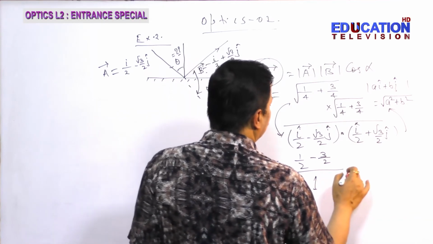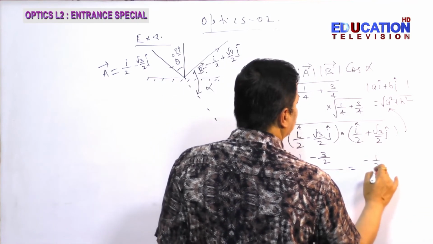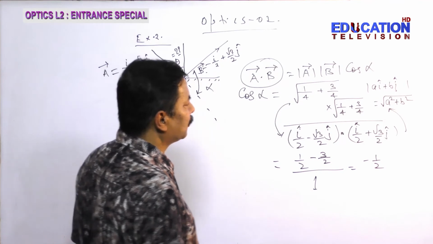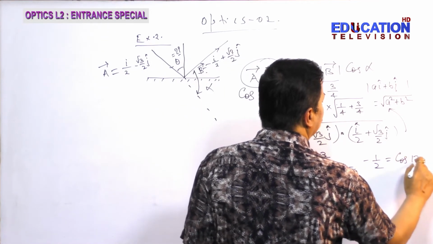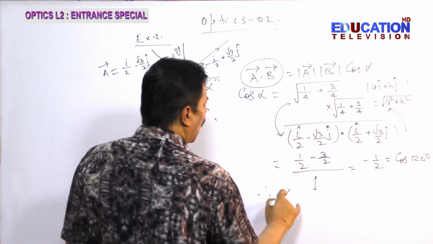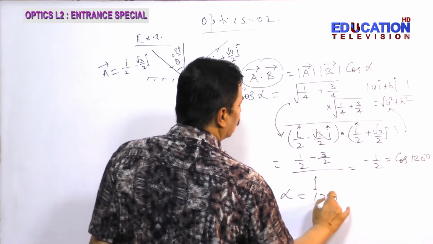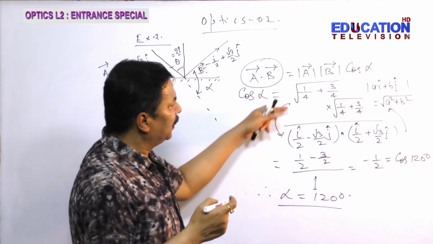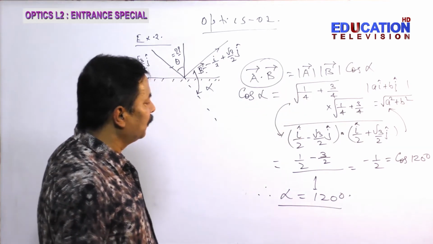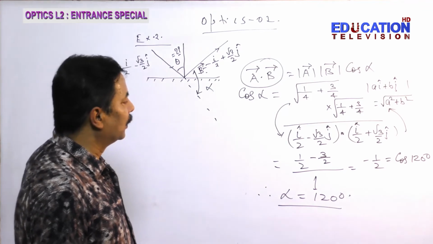So we are getting minus 1 by 2, and that equals cos 120 degree. So alpha is equal to 120 degree.